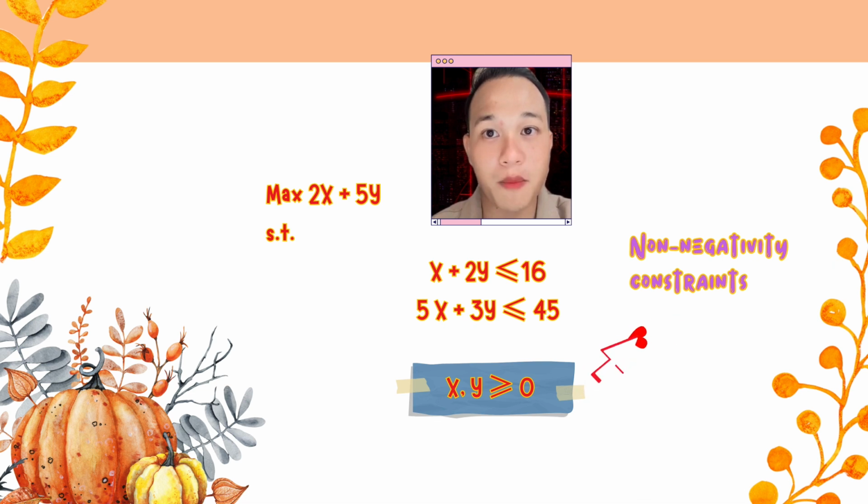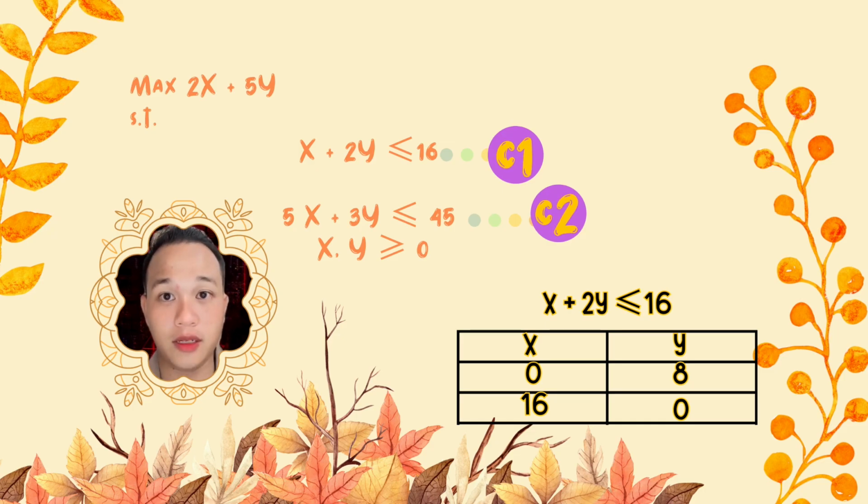To solve this model graphically, I begin by finding points that satisfy the constraint lines. For the first constraint, when x equals 0, y equals 8, and when y equals 0, x equals 16.